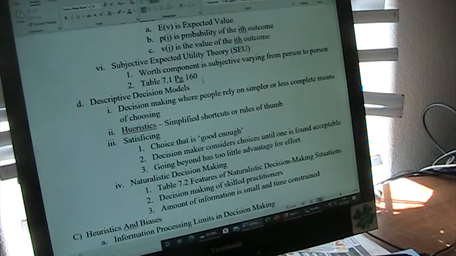On page 160, we have a table, hypothetical values in a subjective expected utility model for 2 possible states. And they go through and do the math on that.